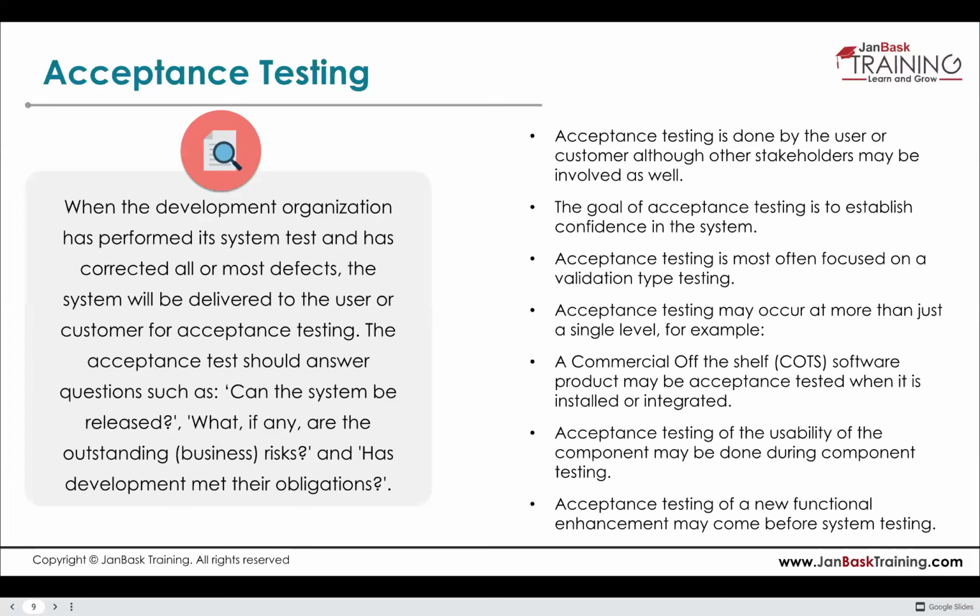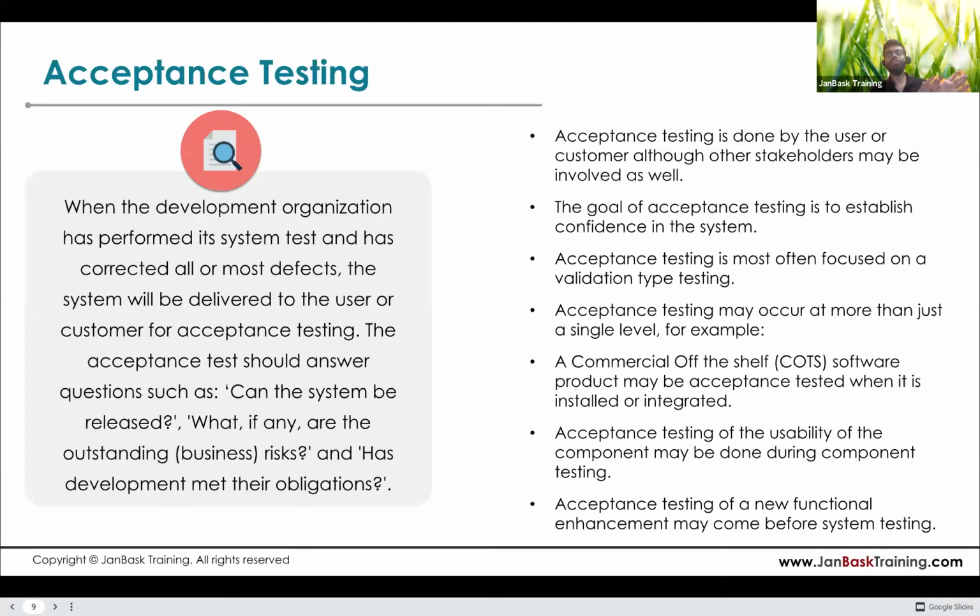Acceptance testing of a new functional enhancement may come before system testing. Suppose the software is almost ready, and now the users are asking for some new functionality, and that has been developed.